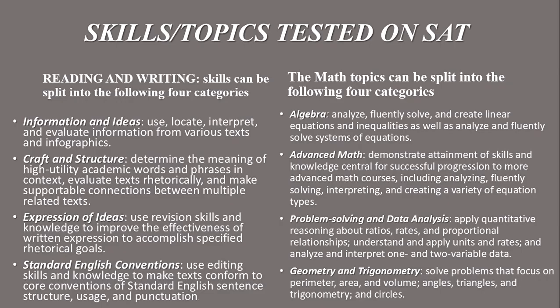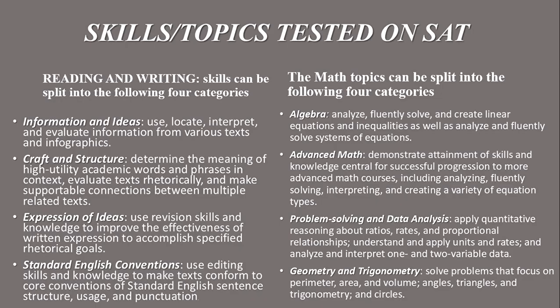I mentioned earlier that the skills and the topics tested on the test still remain the same. Now, in the reading and writing part of the test, the skills can be split into 4 categories. First, you have questions on information and ideas.